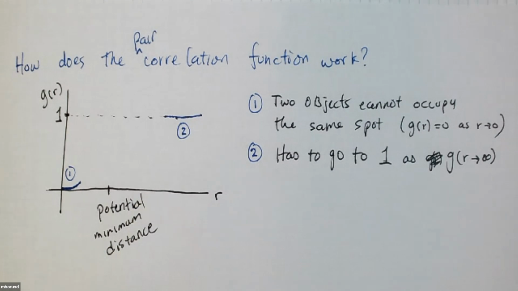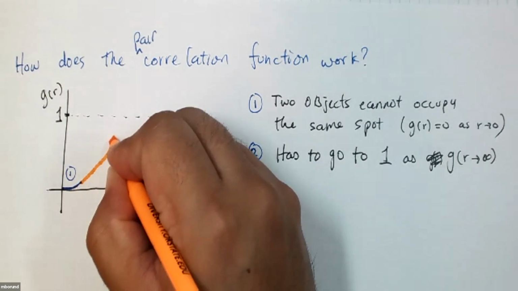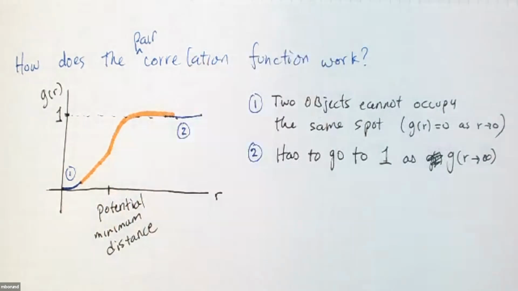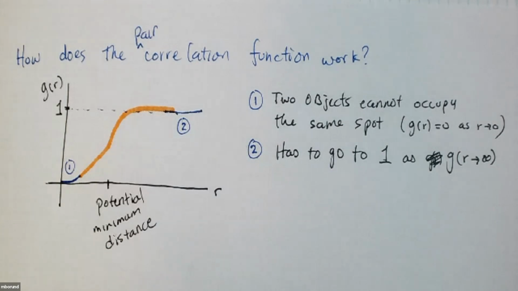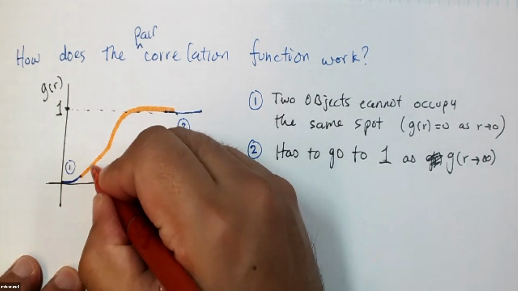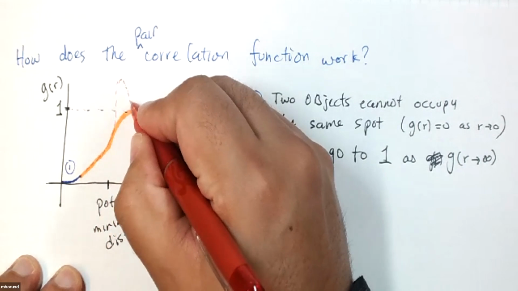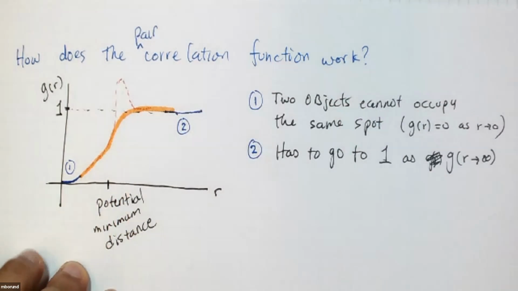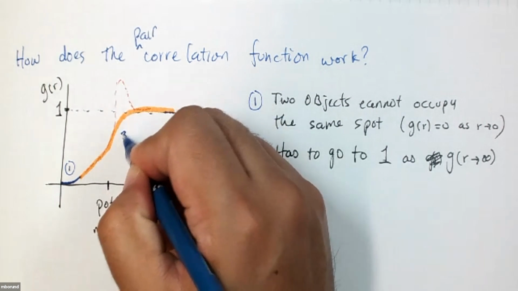So you can have something that goes and joins like this, or you could have something that goes up and does this and then comes back down. And this is region 3.